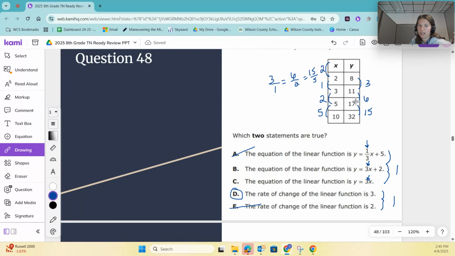And we know if I go down 2, I have to go down 6 here. 8 minus 6 is 2. So I get 0, 2, which makes B my correct answer for that one. If it was 0, 0, then C would be my correct answer. And I do change in y over change in x for that rate of change. Rise over run. And that's questions 45 through 48.